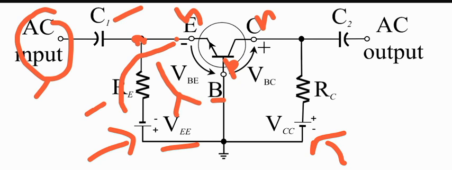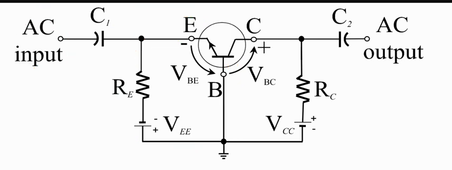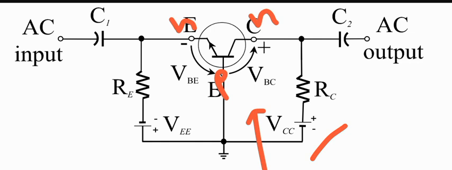So that's the input side of your circuit. Now again let me put the notation N, P, N. Let us look at the output side of this circuit. This is the output side indicated by the arrow. So we have another voltage source. The negative of this voltage source VCC is connected to the base, which is a P type of material, and the positive of this is connected to the N type of semiconductor, which is the collector, through the resistor RC.